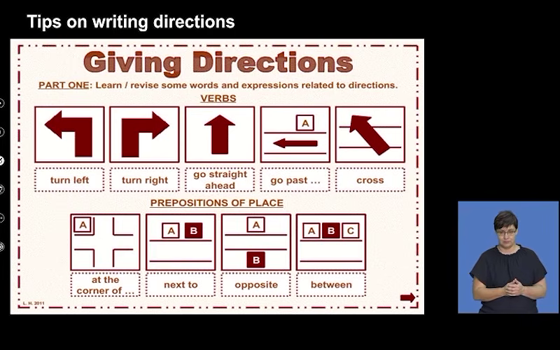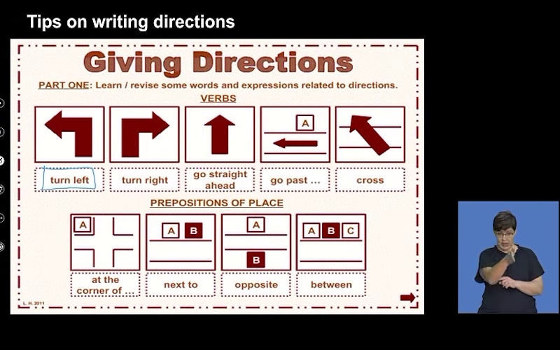So here we have the verbs that we use and prepositions of places when we are giving directions. Okay, so here the verbs we would use: turn left. Obviously, if you're giving a person directions from your school to your home, you need to start somewhere. So if they're starting at the gate, they obviously need to either go straight, turn left, or turn right.